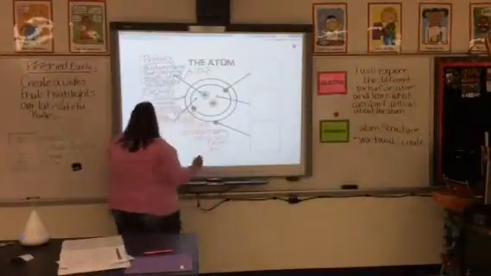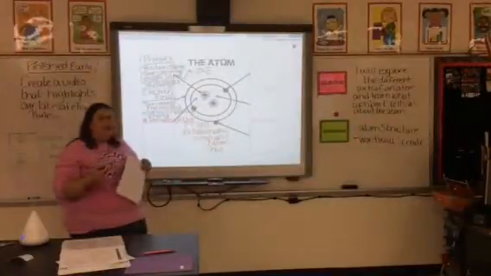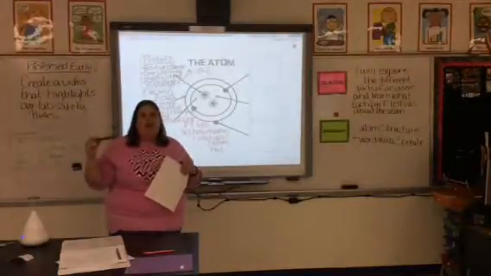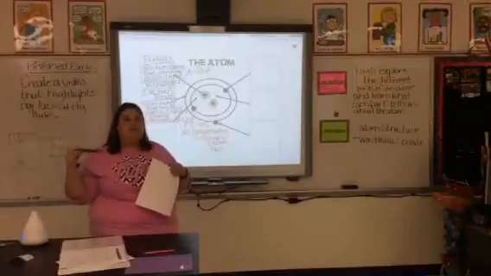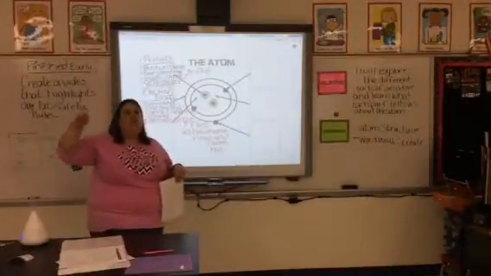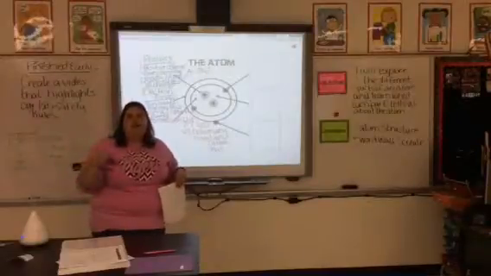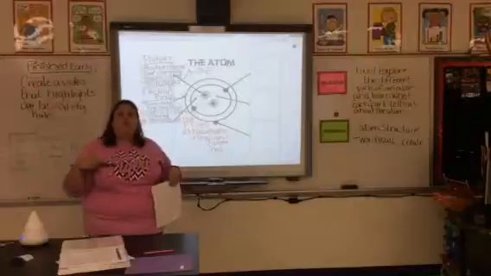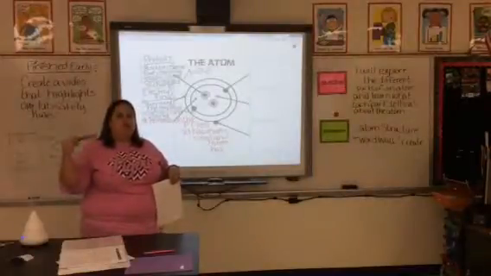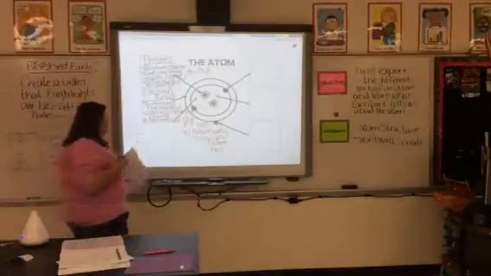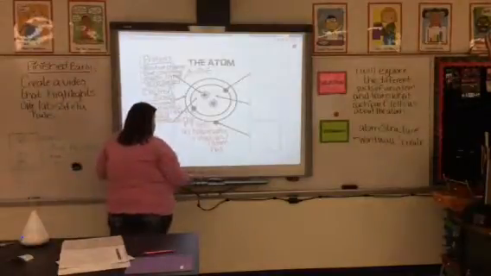So for example, periods on a periodic table go across, and so if an element is in period 1 and I draw that element, I know that it's going to have 1 ring. If an element is in period 2 going across on the periodic table, when I draw it, I know that it will have 2 rings. Okay? So that's everything that we need to know about the electron rings.